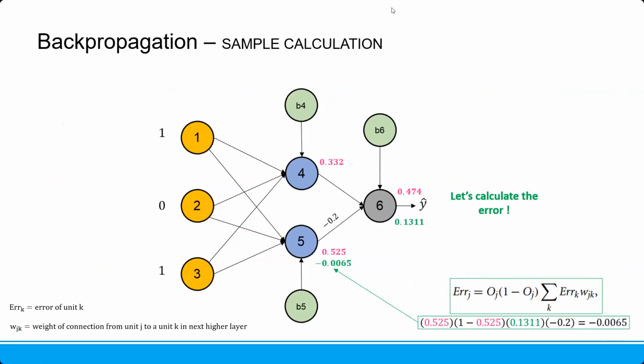How can we make this one? First, you know the output. Let's say this one. What is the output? The output is the red color, 0.525. So this is the output. And we will subtract 1 minus the output, 0.525.